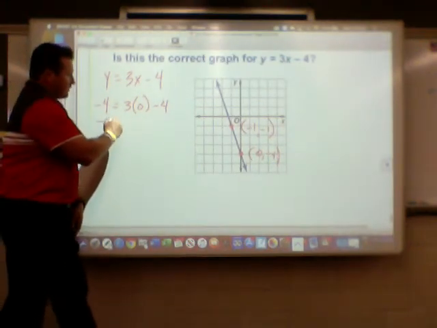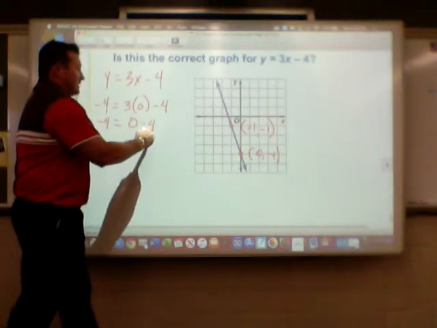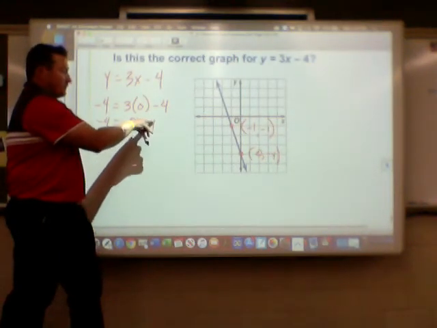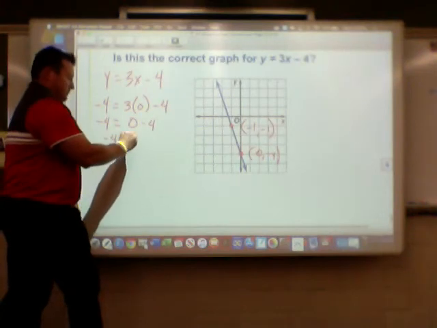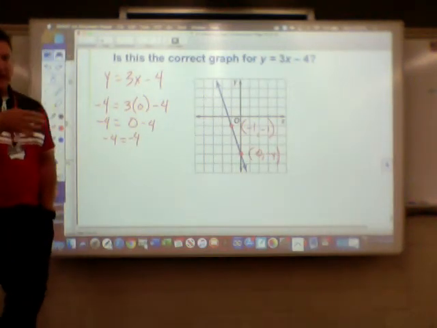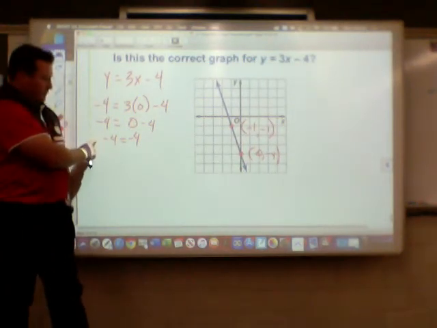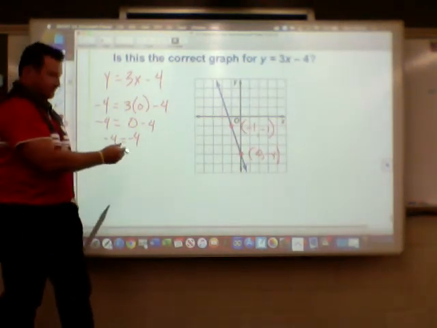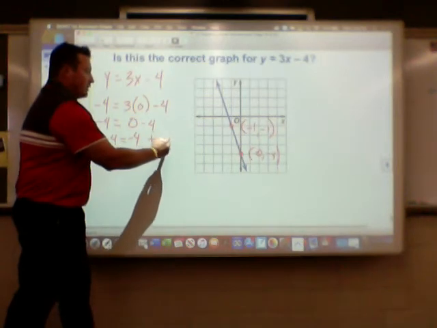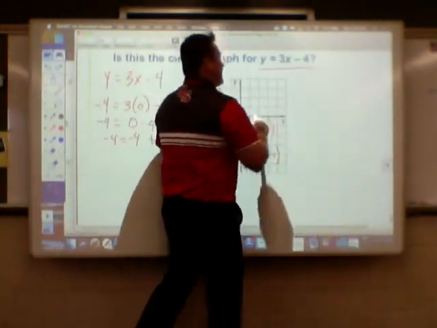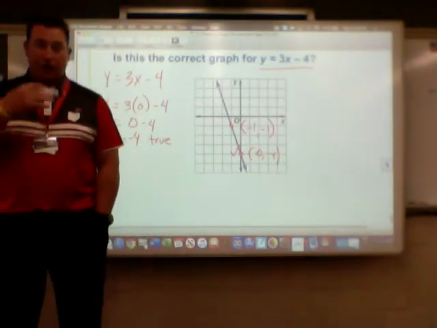So -4 equals 0 minus 4. Now this is starting to make sense, guys. What's 0 minus 4? That's right, -4. Is this a true mathematical sentence? Absolutely. So this point checks out. This ordered pair is definitely on that graph.